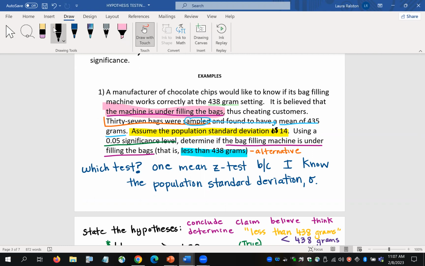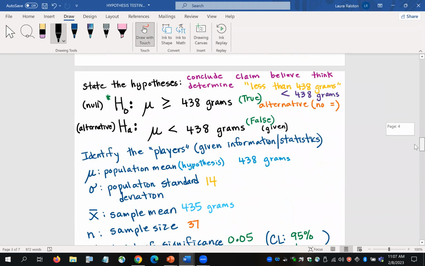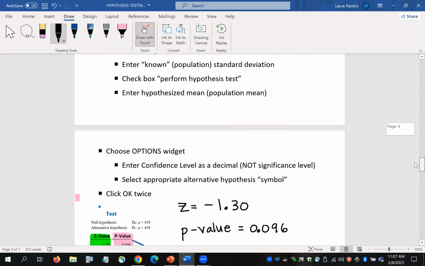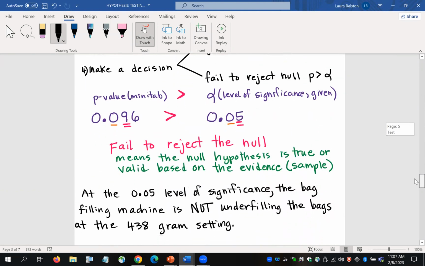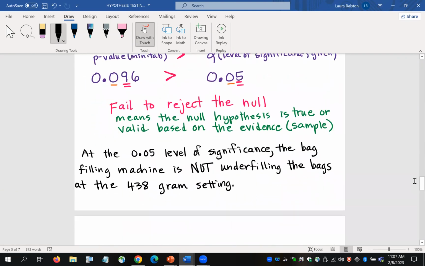Now, again, there are other ways you could say it, but whatever you say has to imply that the bags are not being underfilled, that they're getting the right amount or maybe a little bit more. I could have said is filling the bags to the 438 gram setting or more. I mean, there's lots of ways you could say it.